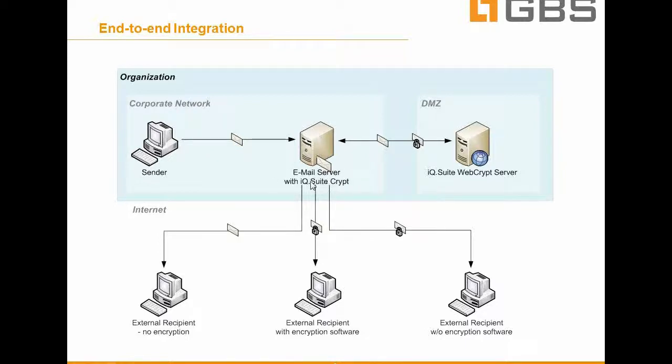IQ Suite is installed on this server, and now IQ Suite can make a number of decisions. First decision is we're not going to encrypt the message, so we're going to send it unencrypted to the recipient. That's what we do today with the majority of the messages.